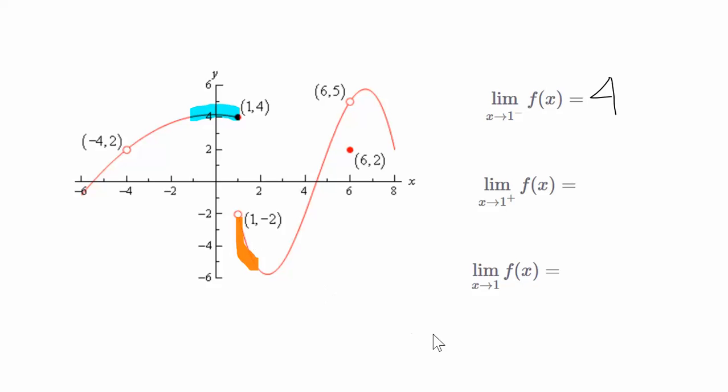As I get really close to 1 there, my limit is going to be -2. Now it doesn't matter that f of x doesn't actually equal -2 at that point, but the limit as x approaches 1 from the right is -2. You'll notice that my limit from the left and my limit from the right are not equal. That means that the limit as x approaches 1 does not exist.